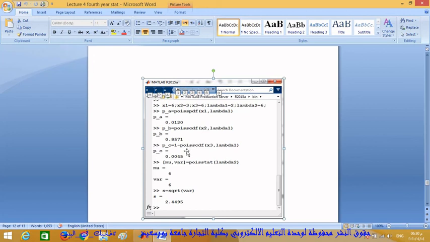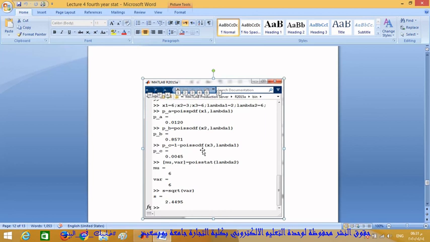The third probability, x3 equals 6, but here we need 7 at least. 7 at least means 1 minus the probability of at most 6, from 0 to 6.